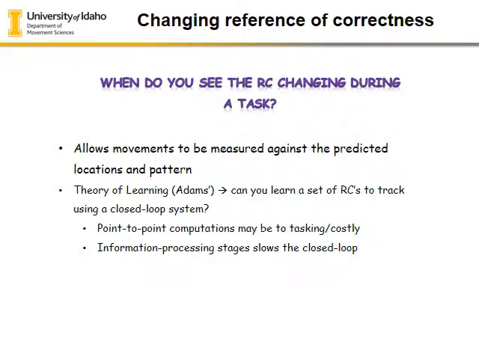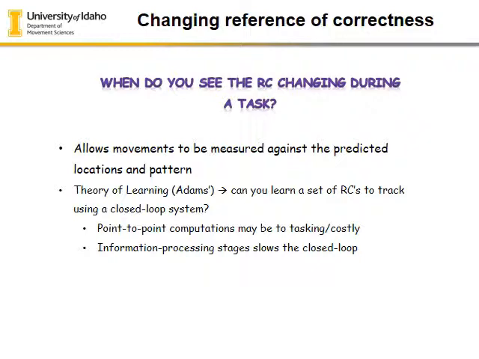The idea is this: if we did a point-by-point computation throughout our movements, it would be too tasking. Oftentimes we talk about an outfielder going after catching the ball. If I'm Mike Trout, I'm an Angels fan, so I apologize, but Mike Trout is very good at just running to the point and catching amazing balls. If he continued to do a point-by-point computation, he would not be able to do it because it would slow his process down.